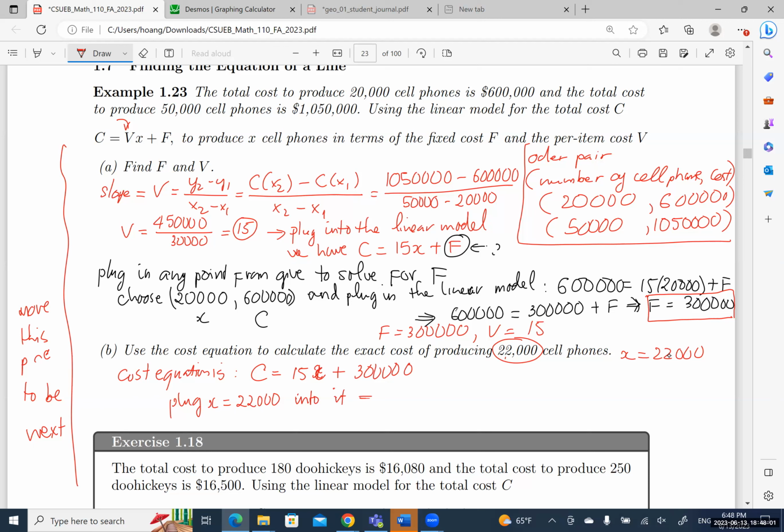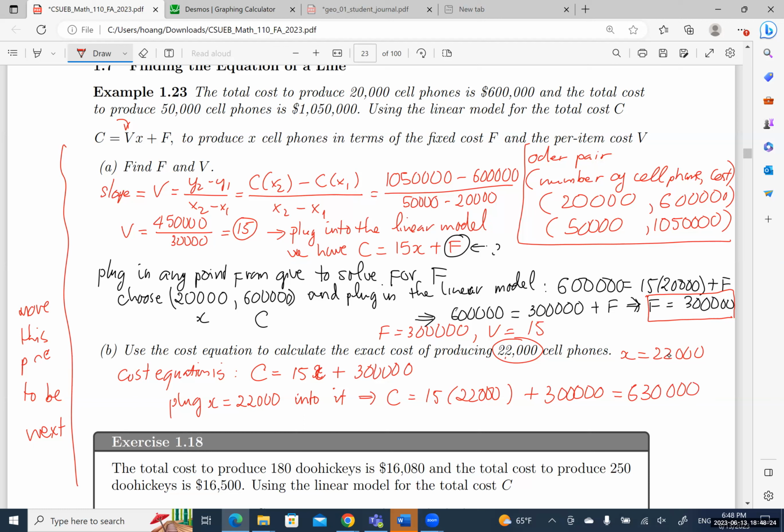We have C equal to 15 times 22,000 and plus 300,000. And that will give us 630,000.